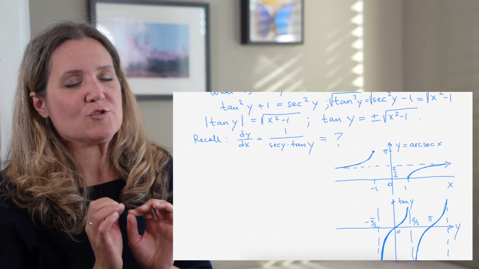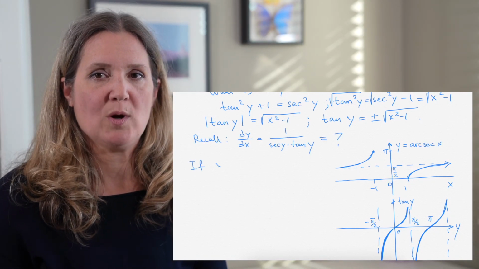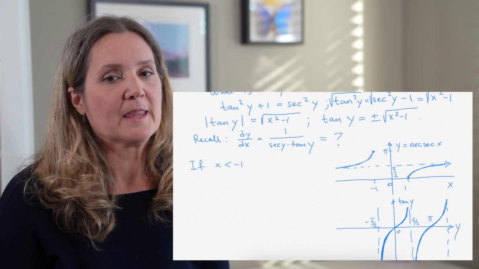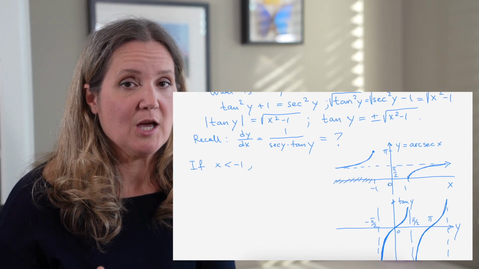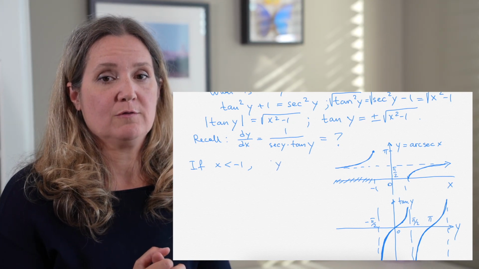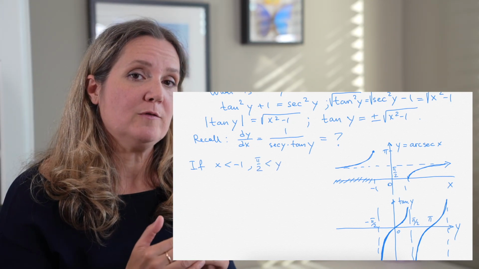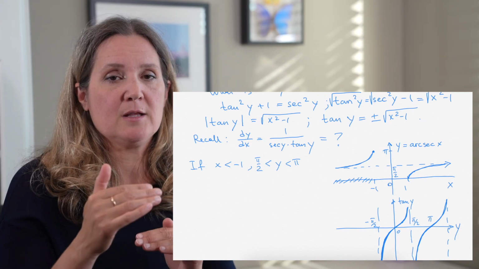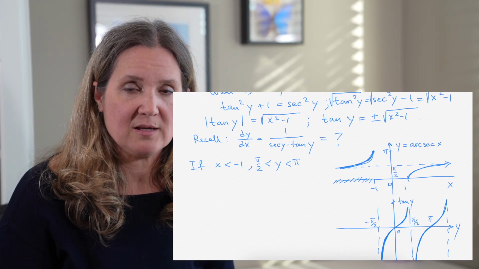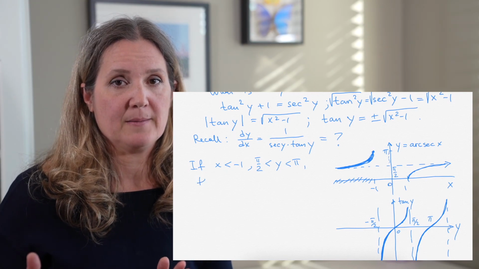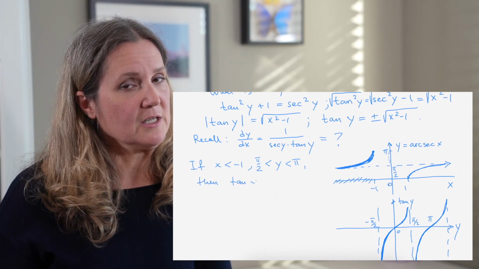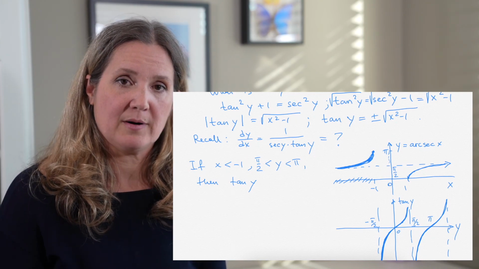If x is strictly less than minus 1, then we know that arcsecant of x would be producing values of y between pi over 2 and pi. Then what's tangent of y if y is between pi over 2 and pi? Well, whatever it is, it's going to be a negative number.